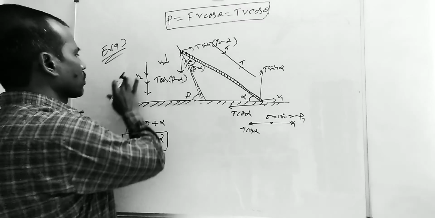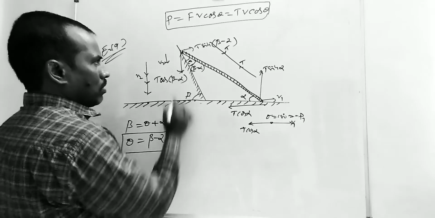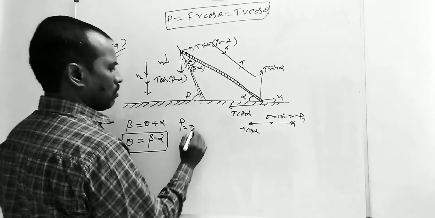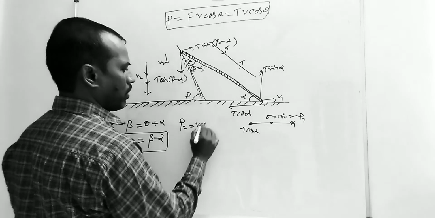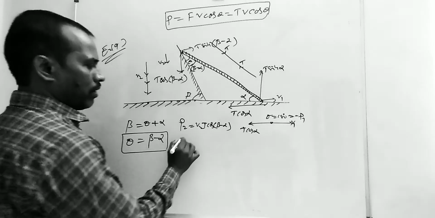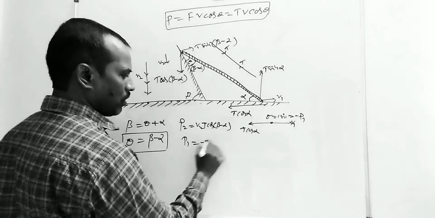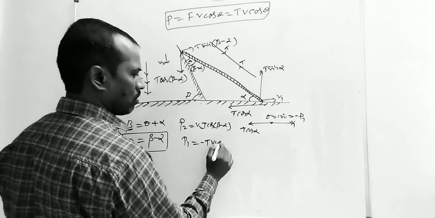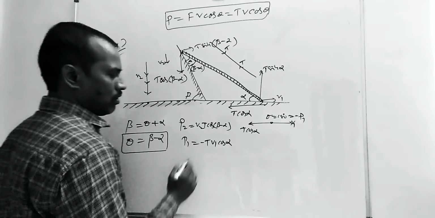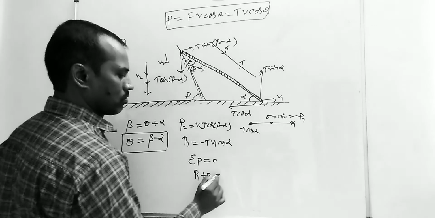Now P2 is equal to V2 T cos of (beta minus alpha), and P1, in the opposite direction, is equal to minus T V1 cos alpha. The net power P is equal to 0, so P1 plus P2 is equal to 0.